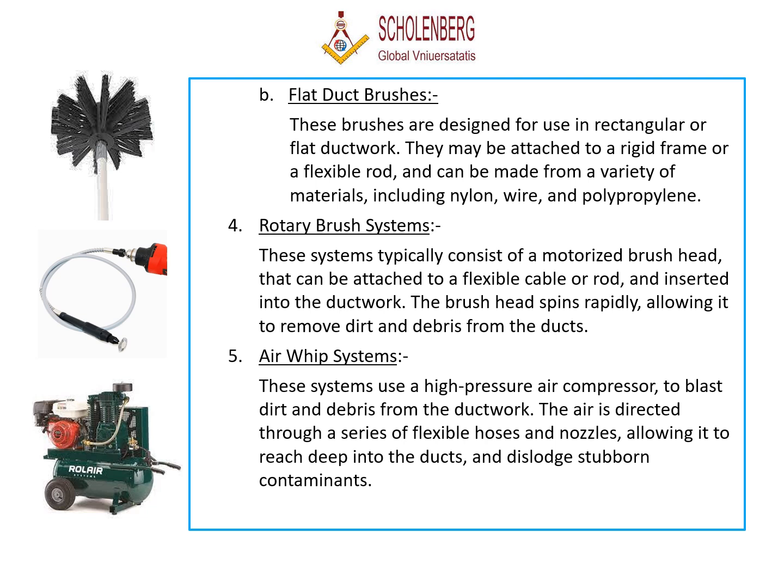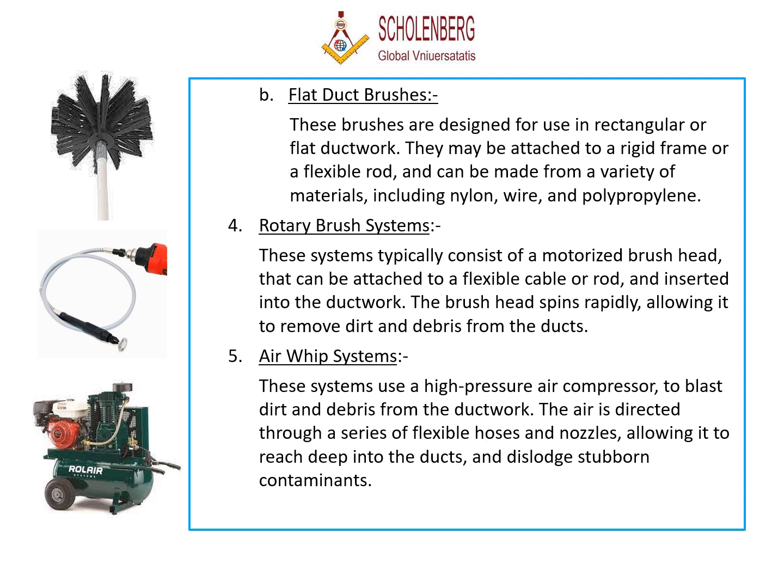4. Rotary brush systems. These systems typically consist of a motorized brush head that can be attached to a flexible cable or rod and inserted into the ductwork. The brush head spins rapidly, allowing it to remove dirt and debris from the ducts. 5. Air whip systems. These systems use a high-pressure air compressor to blast dirt and debris from the ductwork.